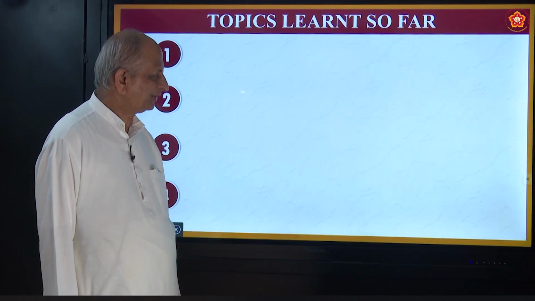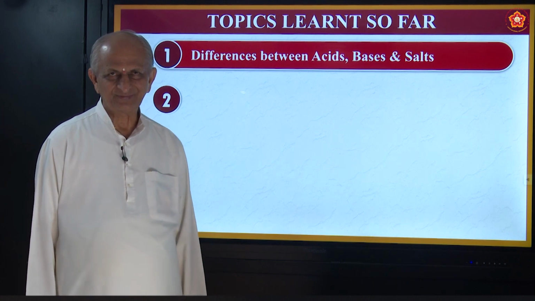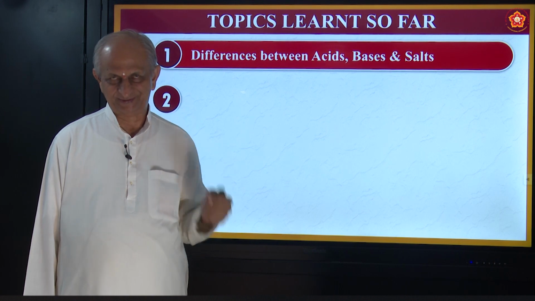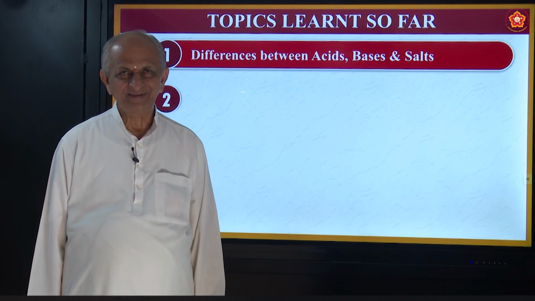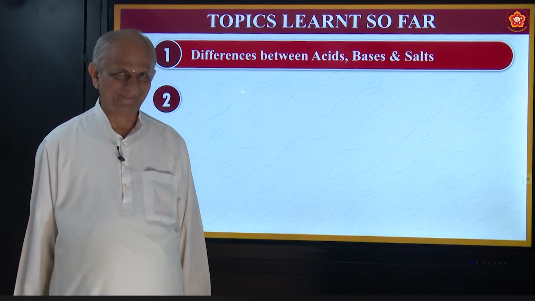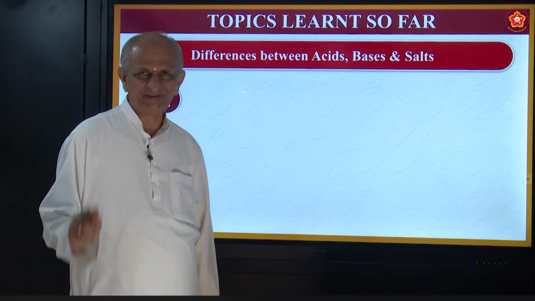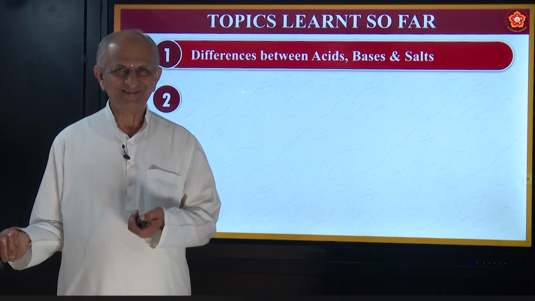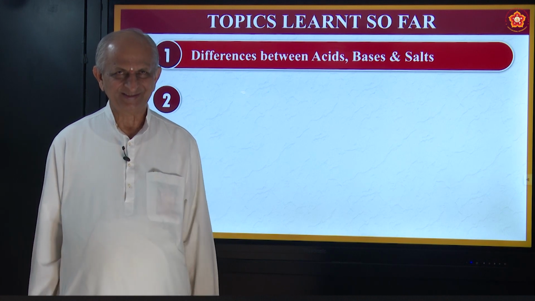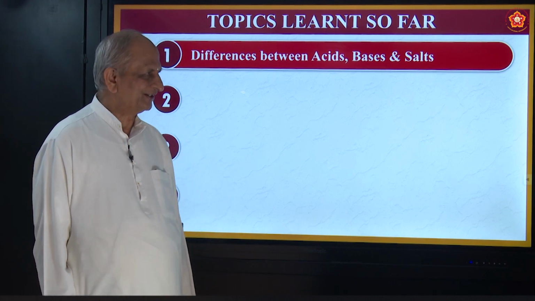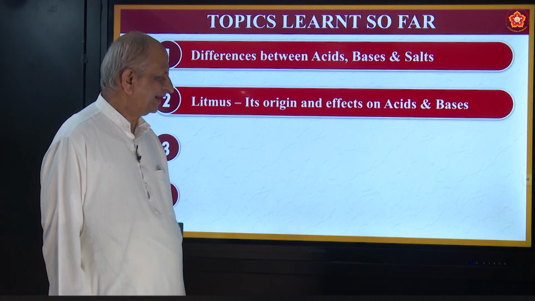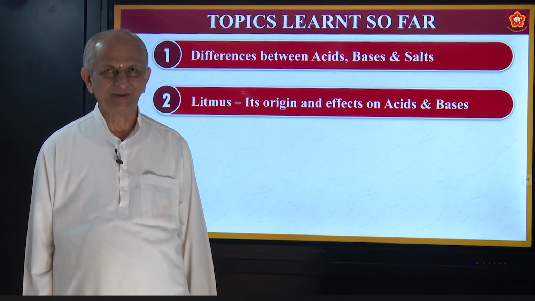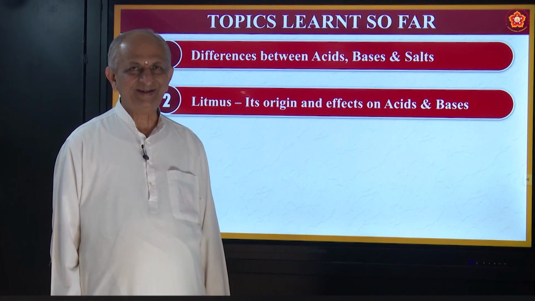Now let us recall what we have studied in the previous class. We have heard about acids. What are acids? They are sour to taste. Bases, bitter to taste. Salts, saltish. And litmus is called an indicator.